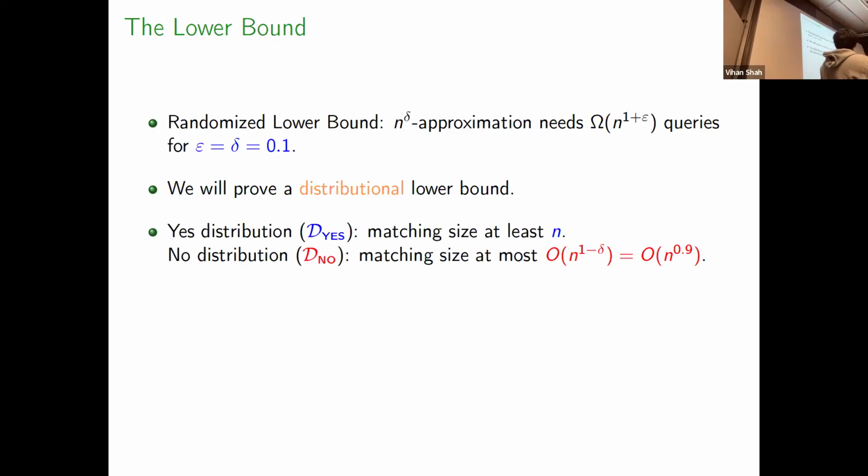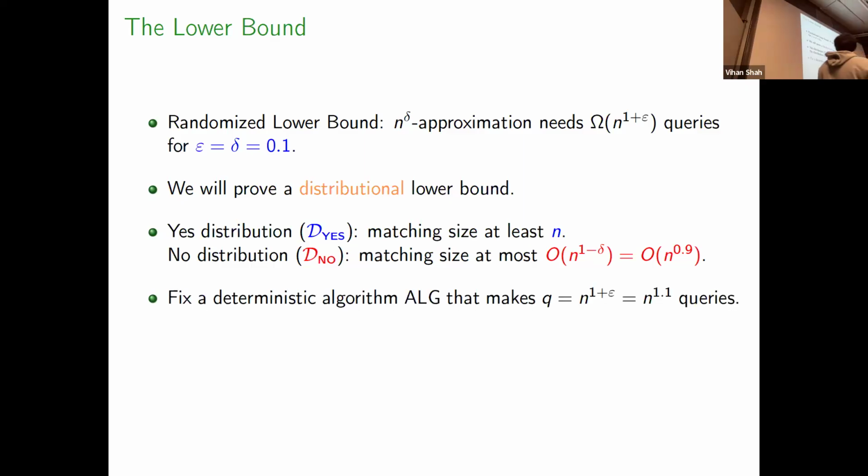So what is our distribution? We have a yes distribution that has a matching of size at least n. Just a small note here that n is not exactly the number of vertices, it's a constant times the number of vertices. And in the no case, the matching size is going to be only n to the 0.9. So there's a huge gap between the matchings in the yes and the no case.